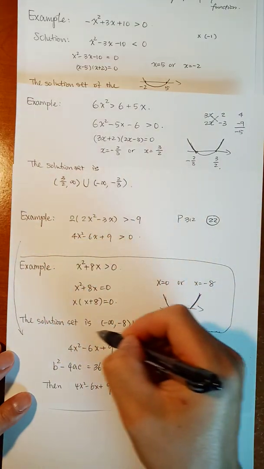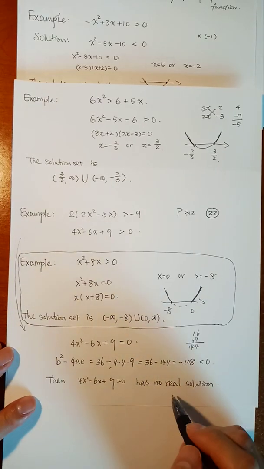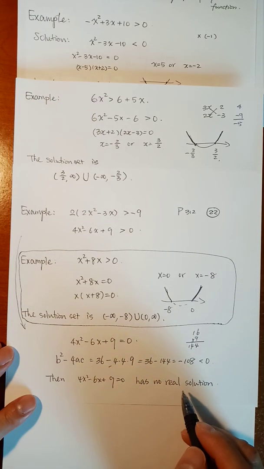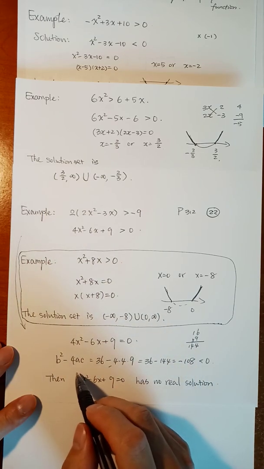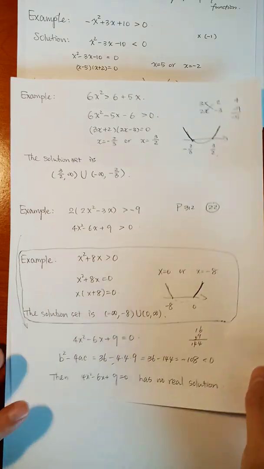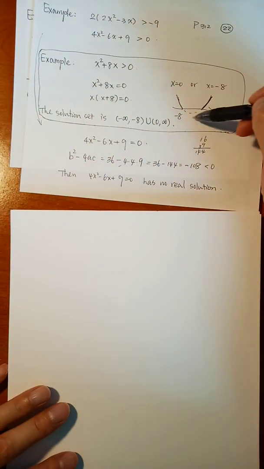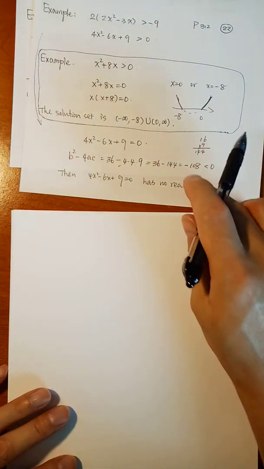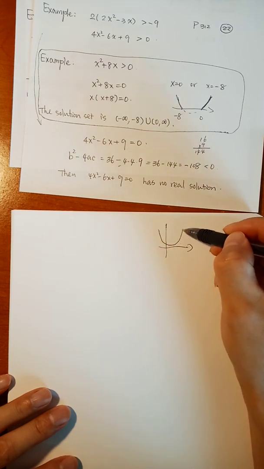Remember what happens if this quadratic equation has no real solution under the condition that the leading coefficient is positive. Regularly when we sketch the graph, it crosses the x-axis, but if it has no solution, we sketch it like this.